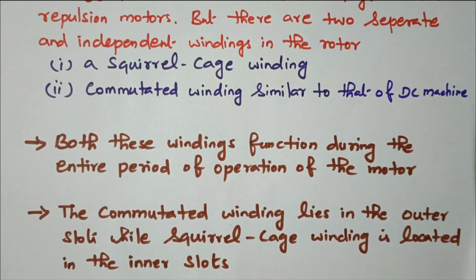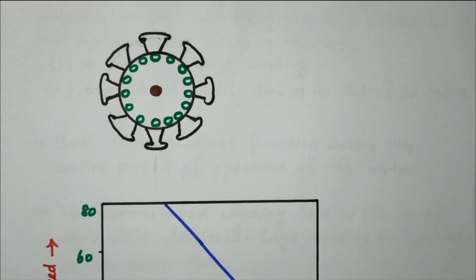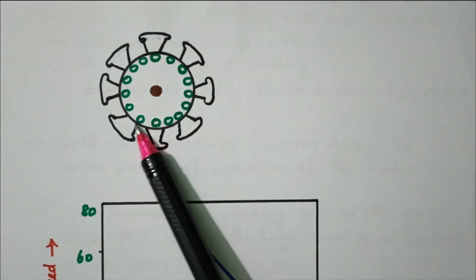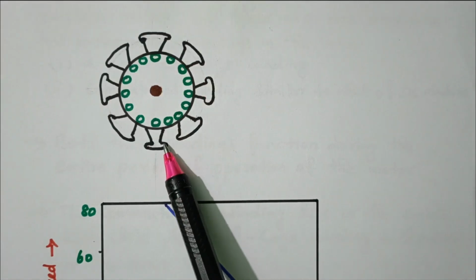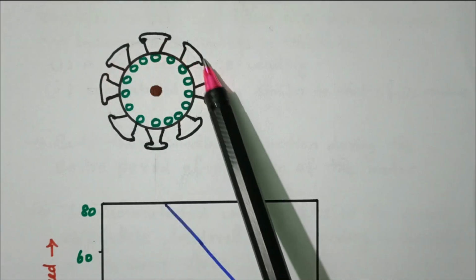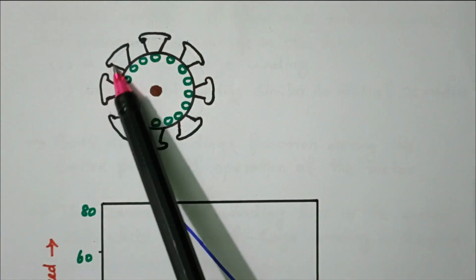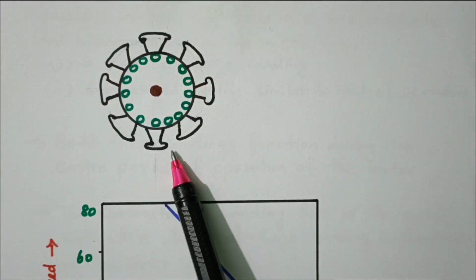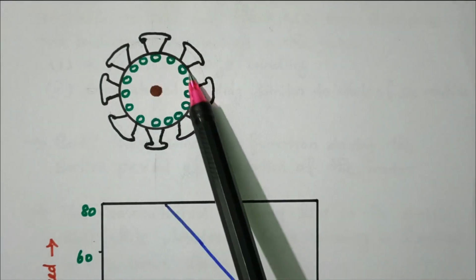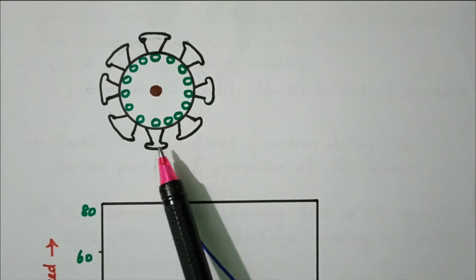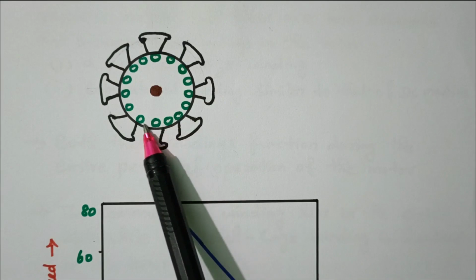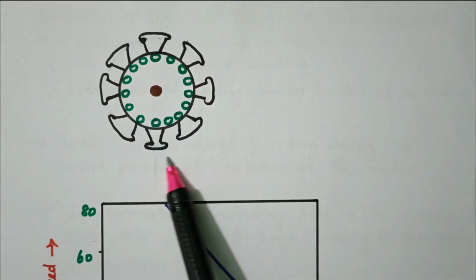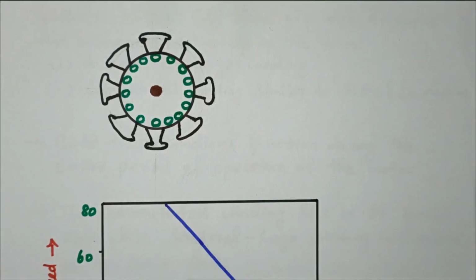This is the rotor; the stator is not shown, only the rotor windings. Outside is the commutated winding, and inside is the squirrel cage winding. So the rotor has two windings, and the stator is as usual.